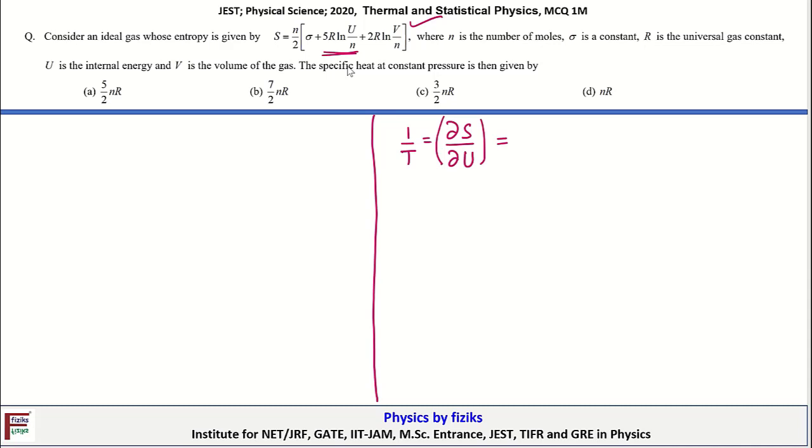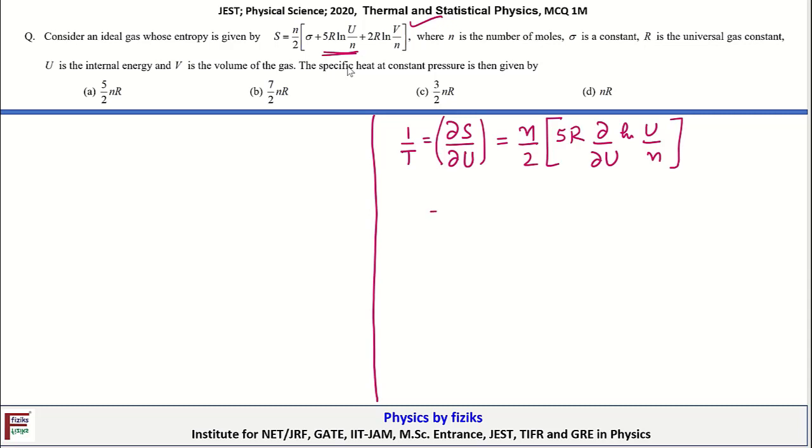So this is equal to N/2 and then inside the bracket 5R as it is, and then curly ln(U/N). Only this term will contribute, because the rest of the terms will be treated as constant and they will contribute 0 in the differential.